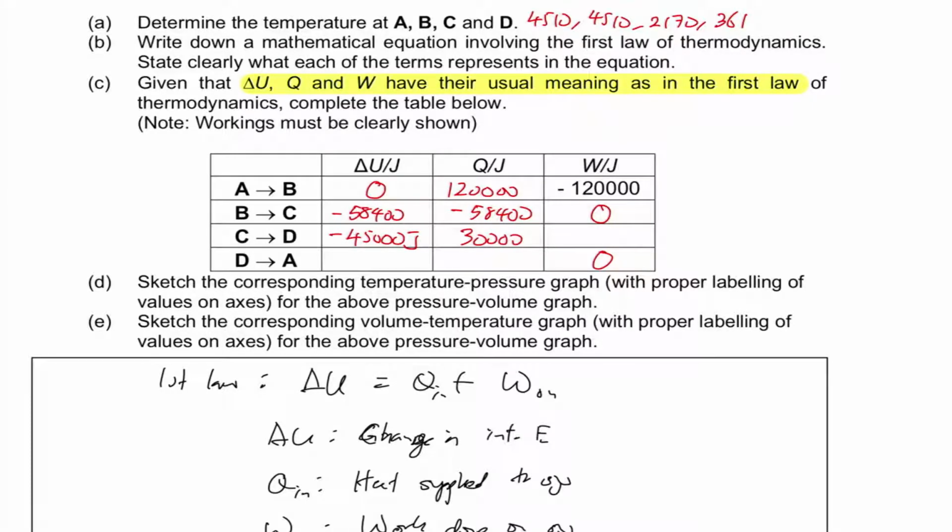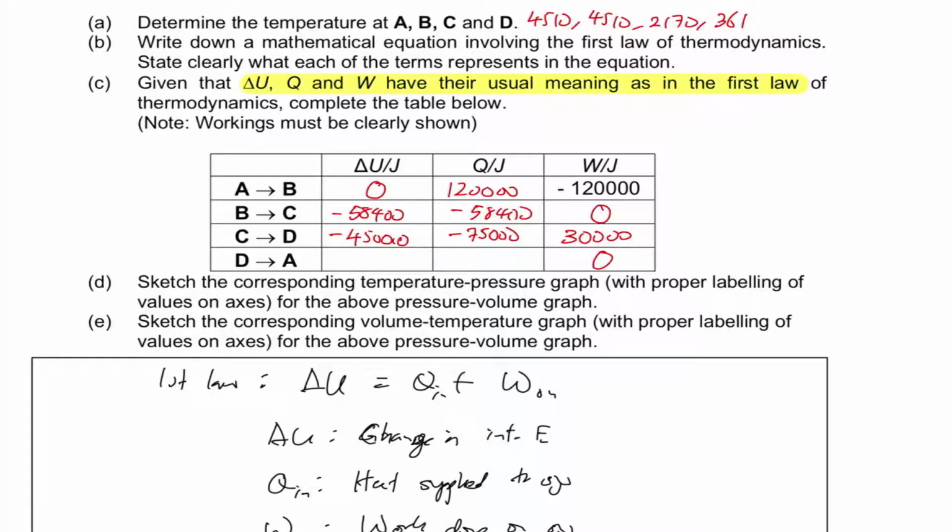So this one should be here at 30,000. Okay. So now we have work done of 30,000 plus a value of Q to give me negative 45,000. So Q here should be negative 75,000. Just remove this extra joule sign.